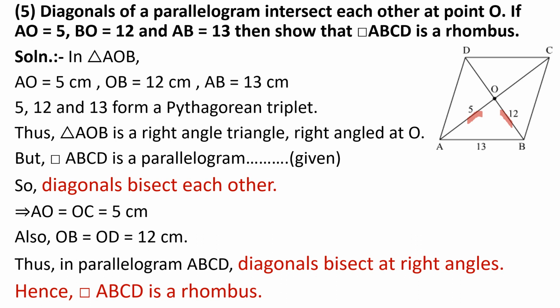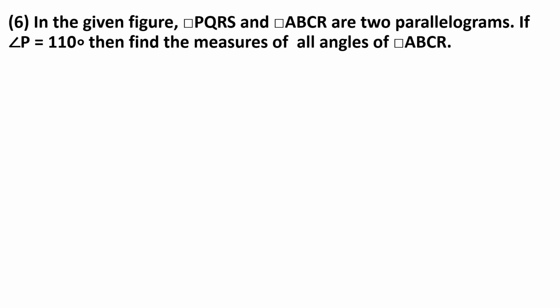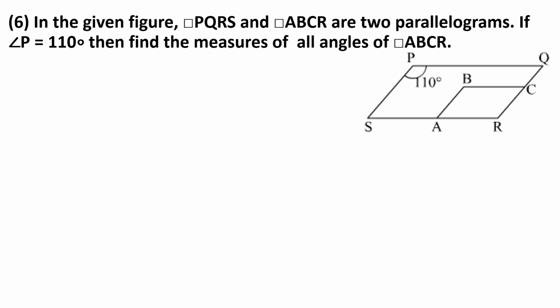Proved. Question number 6. In the given figure, quadrilateral PQRS and quadrilateral ABCR are two parallelograms. If angle P equals 110 degrees, then find the measures of all angles of quadrilateral ABCR. Two parallelograms are given in this diagram, PQRS and ABCR.